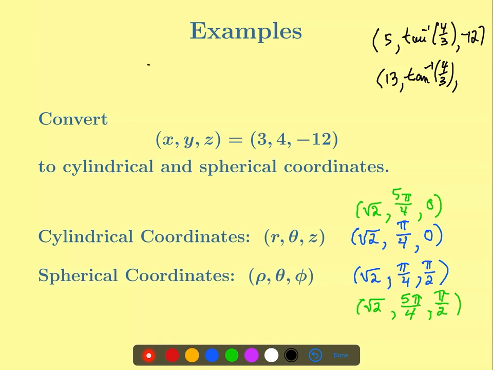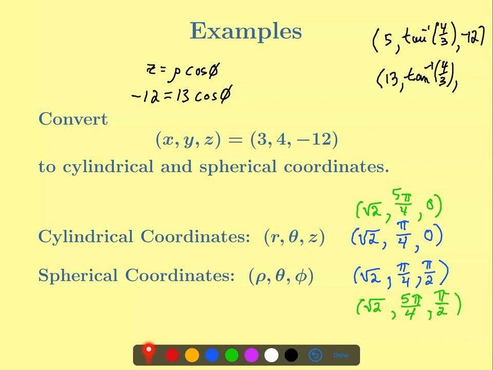Z, remember, is rho cosine of phi. So I know z is minus 12 in this problem. And so this is going to be, well, rho is 13. So far we figured that out. Cosine of phi.